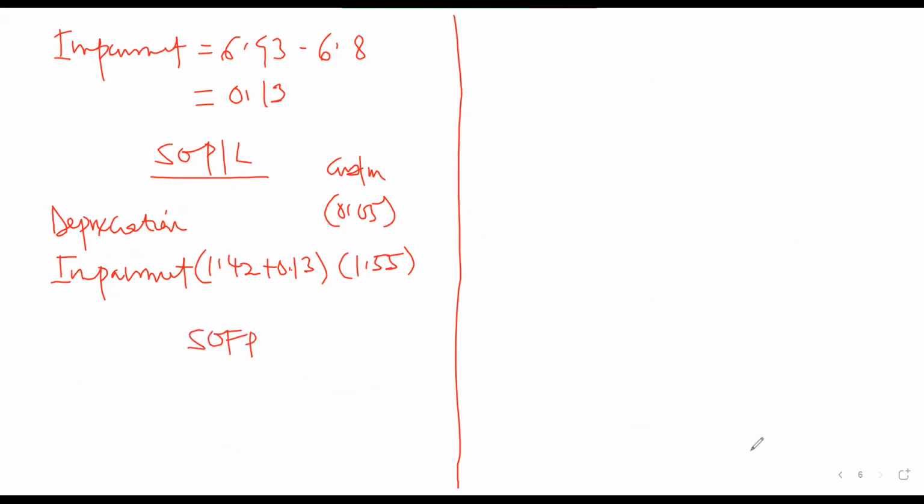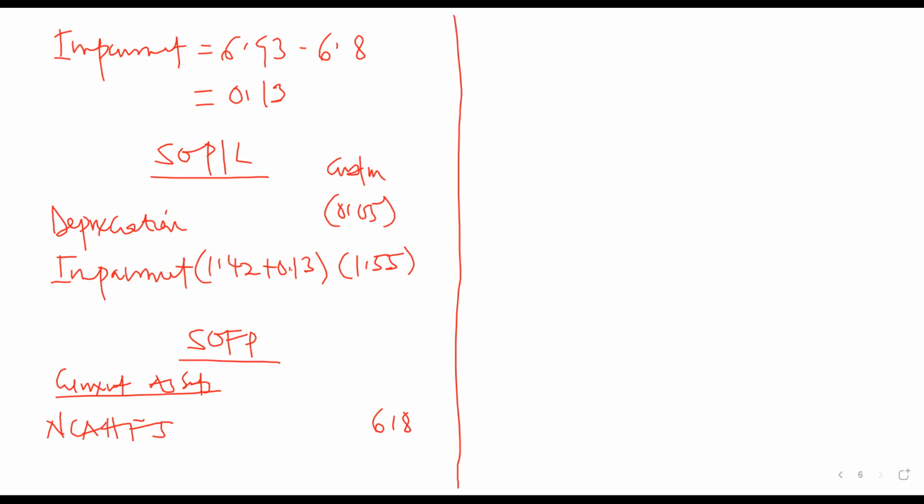Statement of financial position under the current assets. Under the current assets, you see non-current assets held for sale at 6.8 million. Okay. So that is basically about this question.